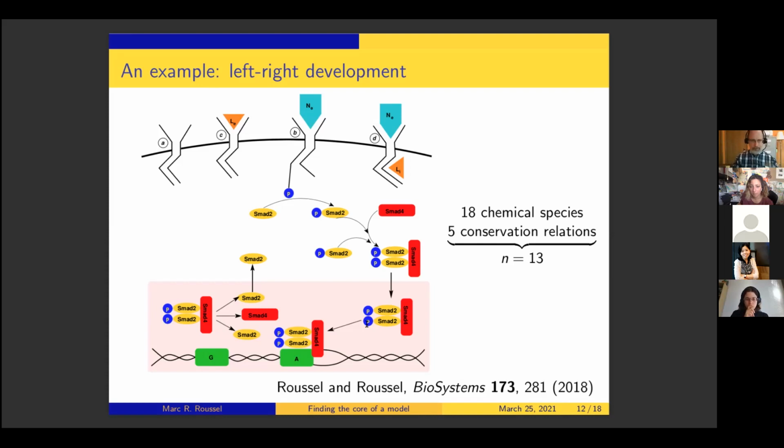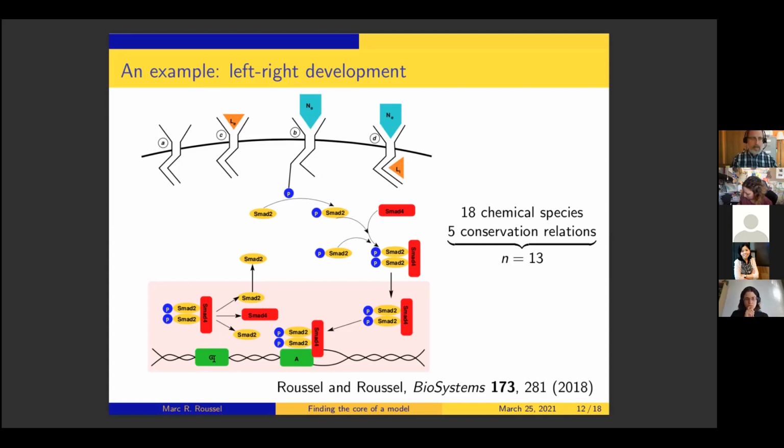And I don't have every single chemical species in this diagram. In total, the model has 18 distinct chemical species. There are 5 conservation relations. So this is things like the active gene plus the inactive gene that doesn't have the transcription factor; there's a fixed amount of that in a cell, essentially 2 copies.